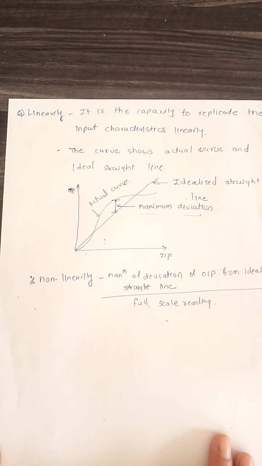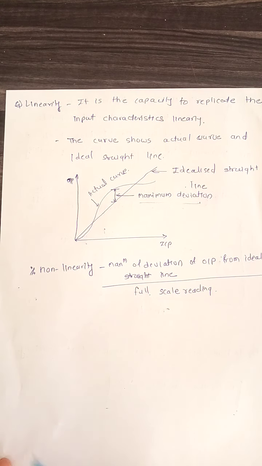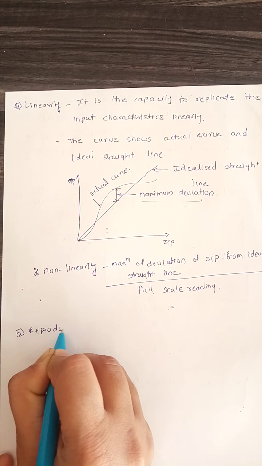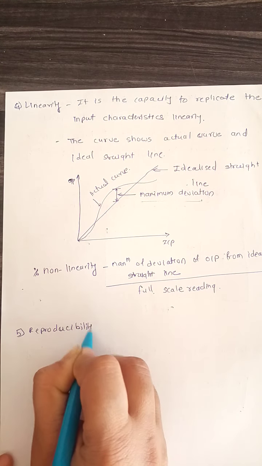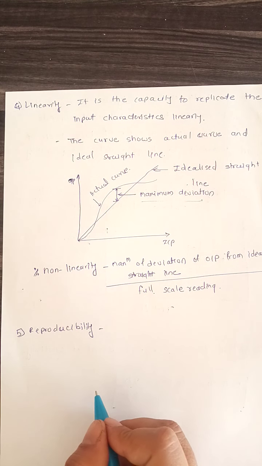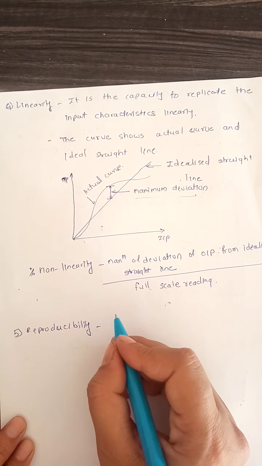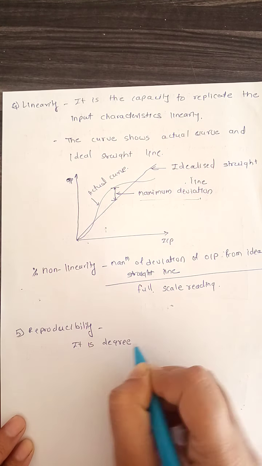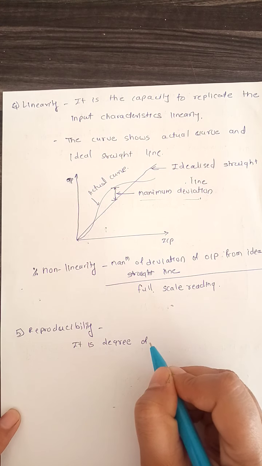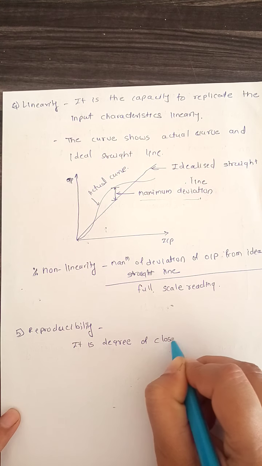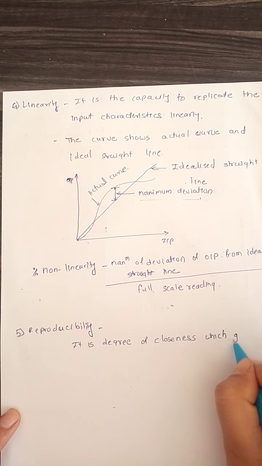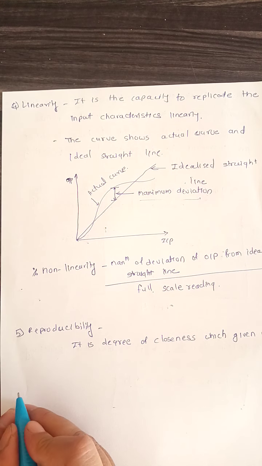Then the next property will be the reproducibility. What is the reproducibility? It is the degree of closeness with which a given value may be repeatedly measured.